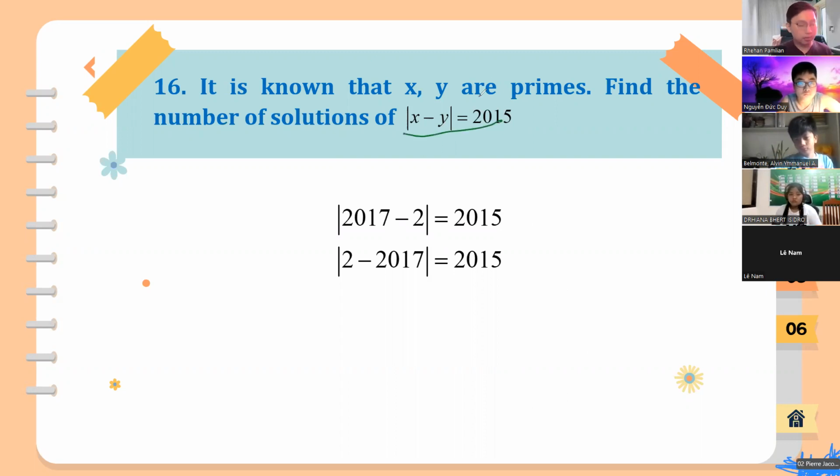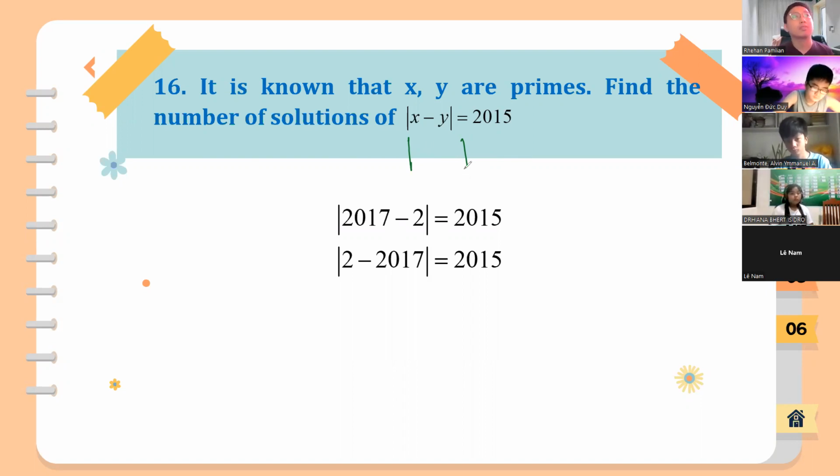When you say the absolute value of x minus y is equal to 2015, these lines here mean that you need to take into account the absolute value, okay? Absolute value, guys, will always give you a positive number. If you have negative 3 here, the absolute value of negative 3 will always be 3. So whatever the number inside the absolute value, whether it's positive or negative, the result will always be positive.